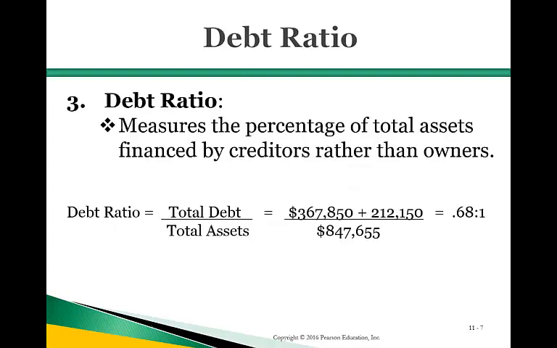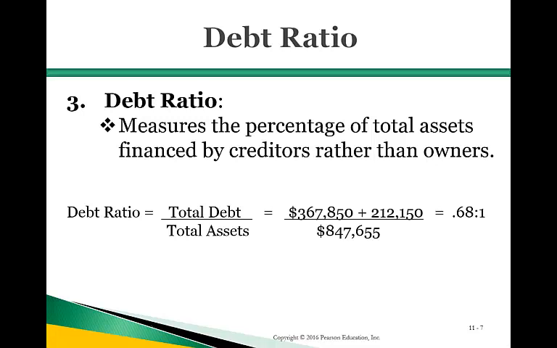So debt ratio measures the percentage of total assets: the total debt divided by the total assets. So in this case, it's 0.68 for Sam's. So that's pretty high. That means that twice as much of the assets are provided for by borrowing as opposed to equity.